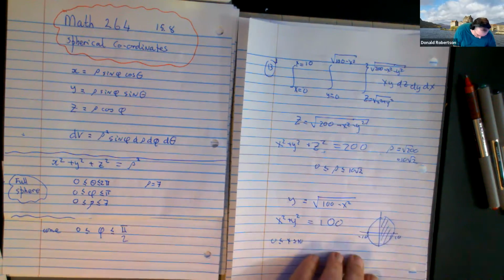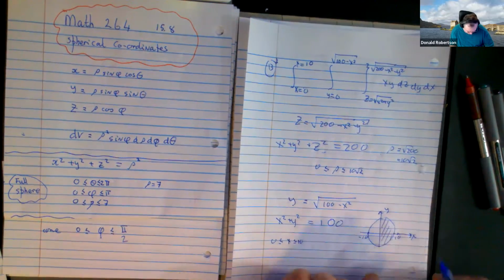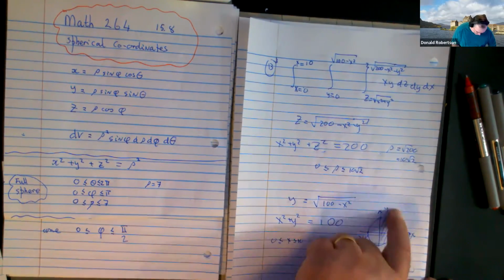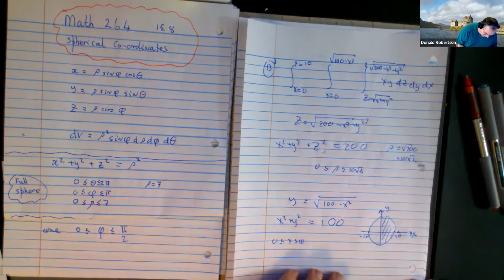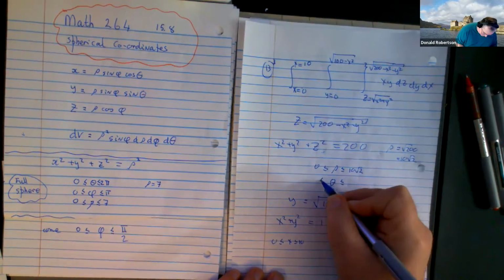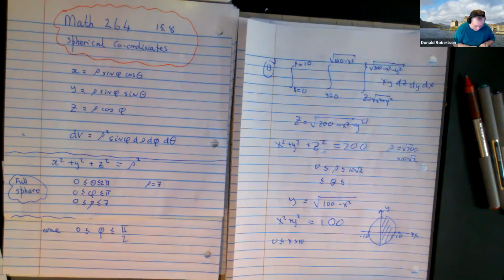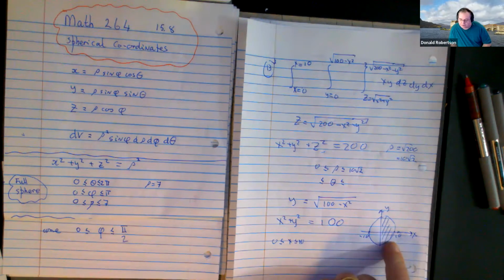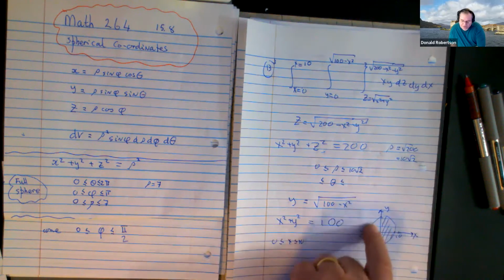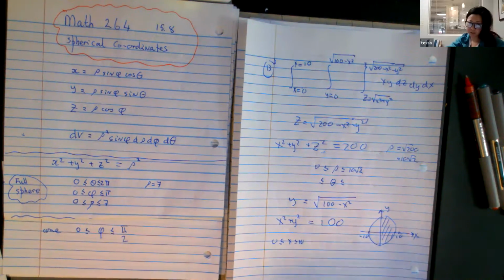So if you want to find out what this fella looks like, basically I can see that, won't theta go from where to where? What values of theta would generate half a circle that looks like this? Negative pi over 2 to pi over 2.